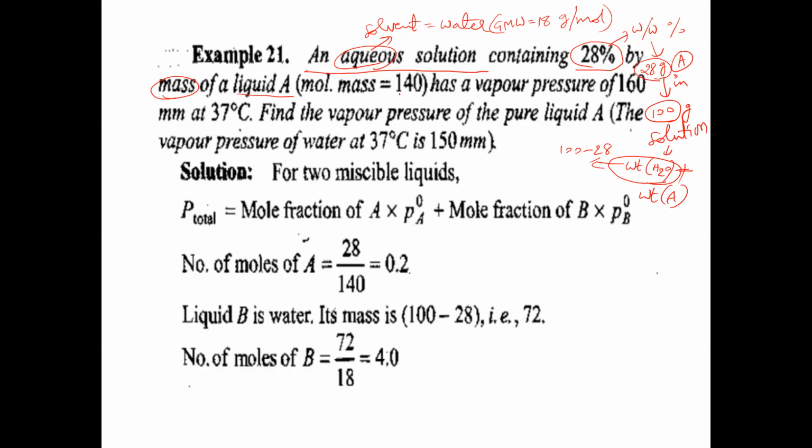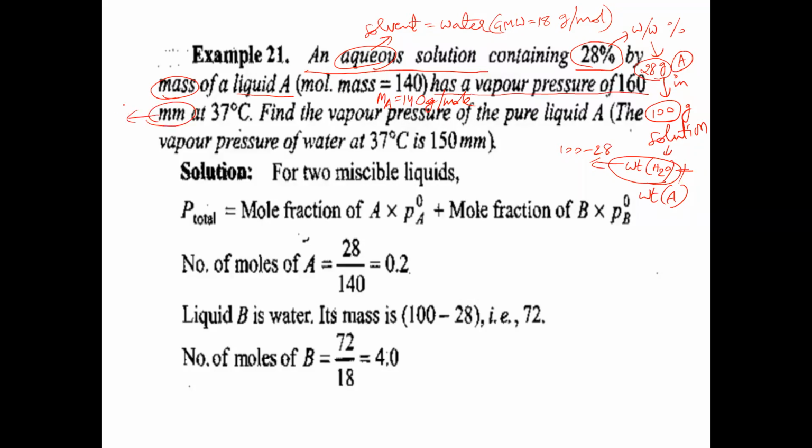And the gram molecular mass of liquid A. Capital MA means gram molecular weight, which is given as 140 grams per mole. So 140 grams per mole is the gram molecular weight of liquid A. Remember, this solution has a vapor pressure of 160 mm.